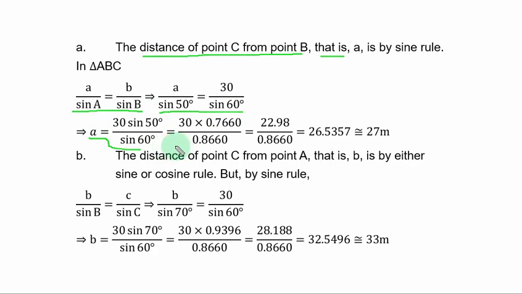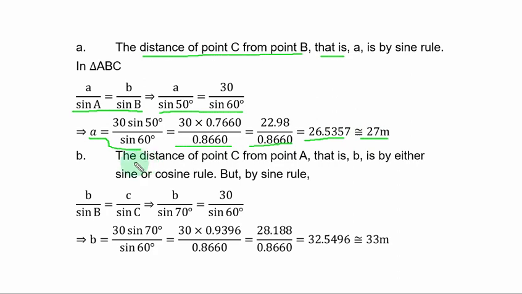After evaluation, you have this result. You multiply, you have this. After division, you have 26.5357. To the nearest meter, you have 27 meters.